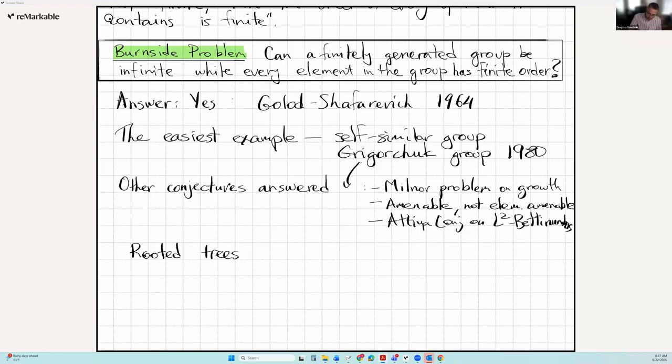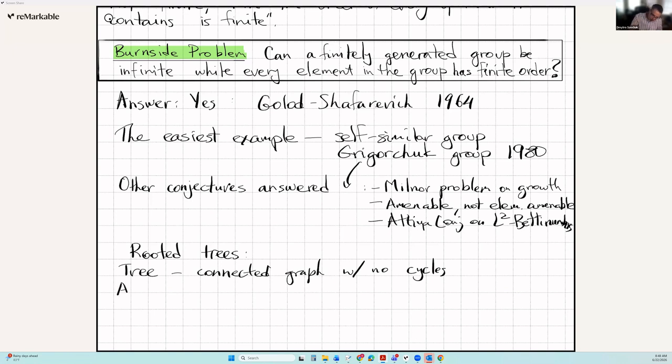Of course, what's a tree? A tree is just a connected graph without cycles. I'm just setting up the terminology. We say that the tree is rooted if we select one vertex.